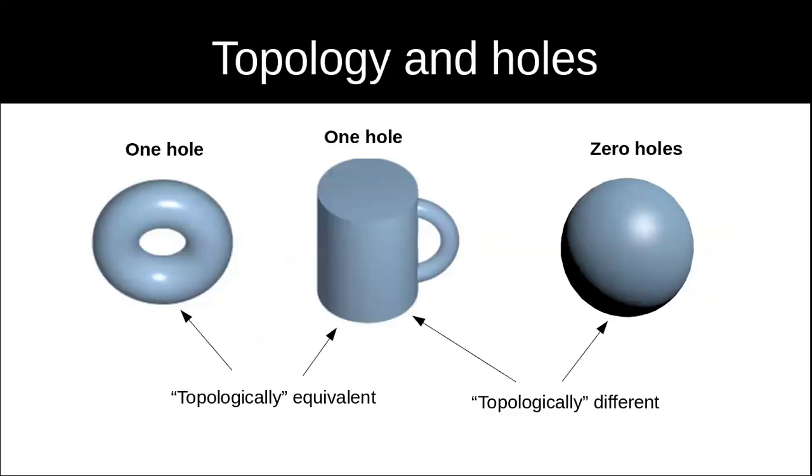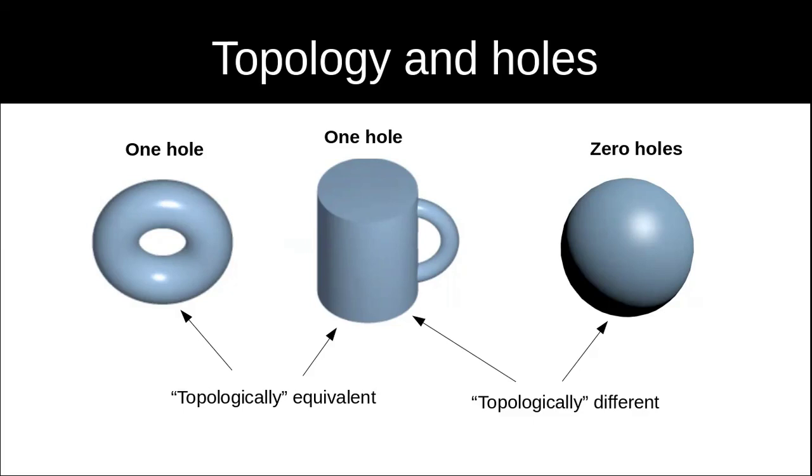Okay, so if we think in terms of surfaces, which is perhaps the most important case for us, you can think that, for example, there are two surfaces that are relatively equivalent. A donut has a hole, and a cup also has one hole, and you can actually transform a donut into a cup if you think that your surface is flexible and allows you to displace it and move it around. Whereas a sphere is not equivalent to a donut or a cup, because it doesn't have any hole.